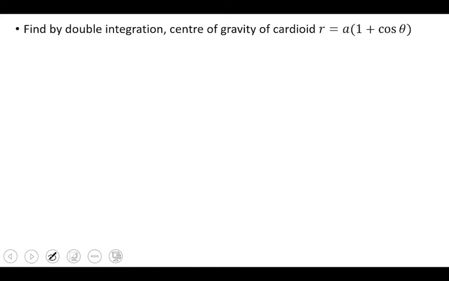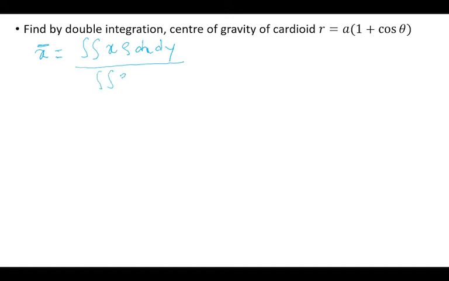So right now, if we come to the formulas here, formulas for x bar and y bar. The formula for x bar is a double integral x rho dx dy divided by a double integration rho dx dy. Similarly, we have the formula for y bar, a double integration y rho dx dy divided by a double integration rho dx dy.